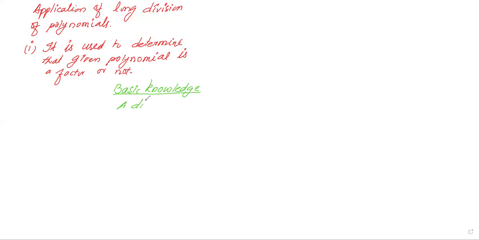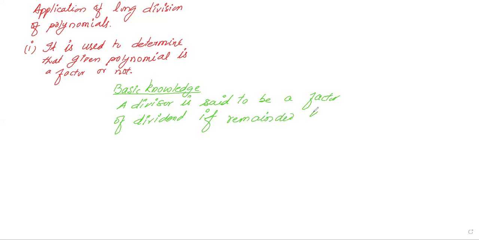A divisor is said to be a factor of the dividend if the remainder is 0. That's the basic definition of a factor.